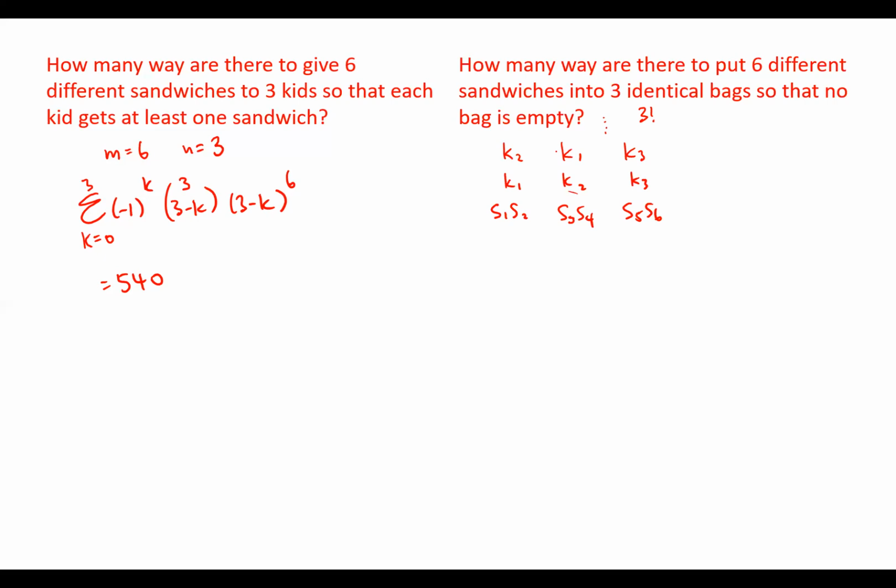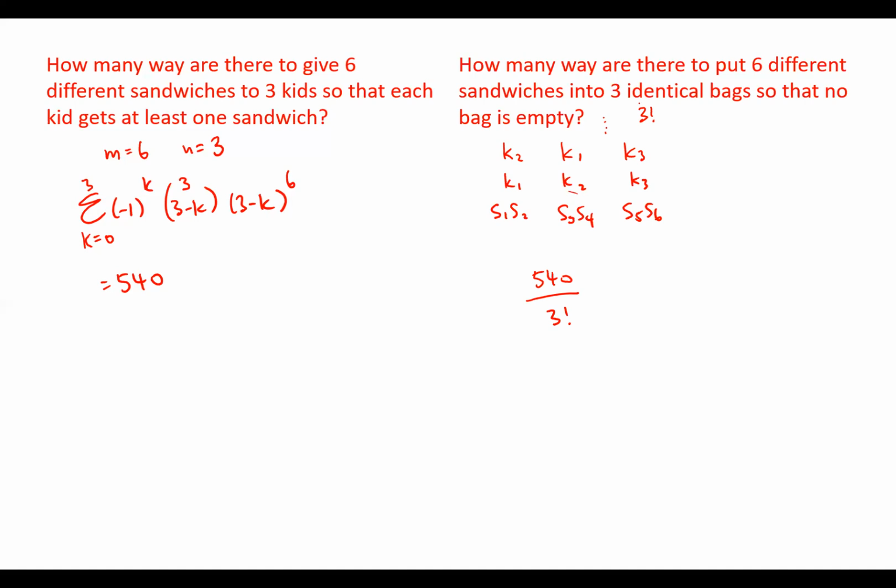So the short answer here is, if we have identical bags, then we have too much order. So the answer is 540 divided by 3 factorial. We divide off this order because every distribution would have been repeated 6 times, because these 3 kids are different. But I want you to see that these 2 questions on the left and right are the same question.